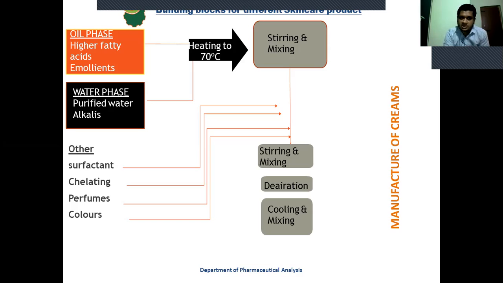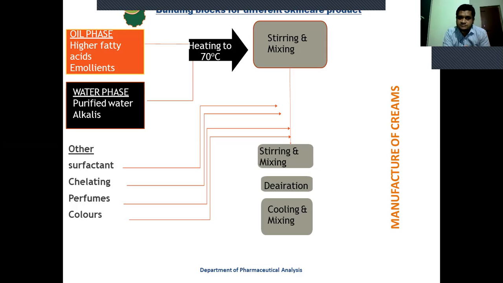Now these two beakers simultaneously you have to heat up to 70 degrees, even 65 to 70 is okay. When you heat to 70 degrees, the fats, waxes and oil substances will easily melt and mix. So you have to heat the two phases in two beakers up to 70 degrees.